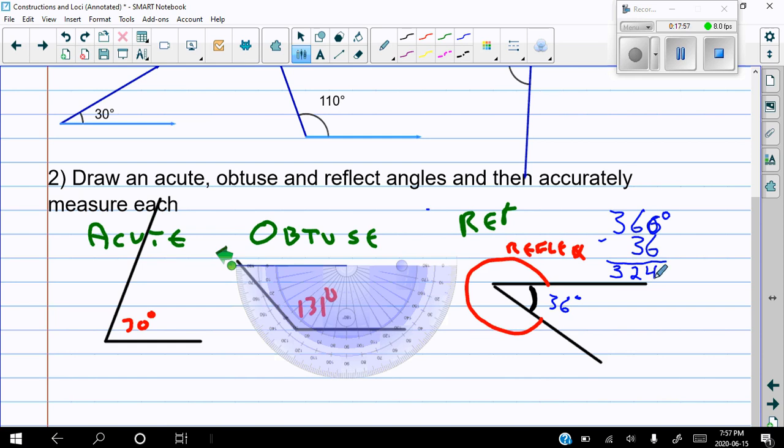That'll bring us up to 360. So we know our reflex angle is indeed 324 degrees. And make sure, even if you did your work using the 36-degree method, instead of what I showed you before, that you include the writing of the reflex angle and not just the acute, because they don't care that you know the acute and use all this work. They want to know, can you identify it on your actual diagram?